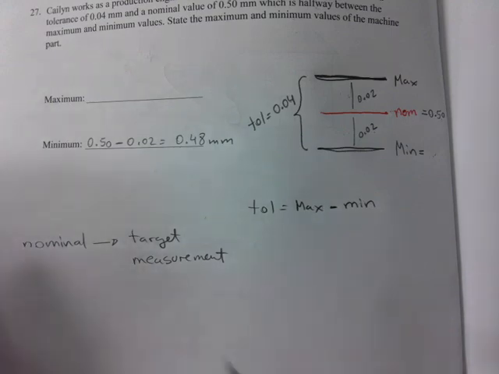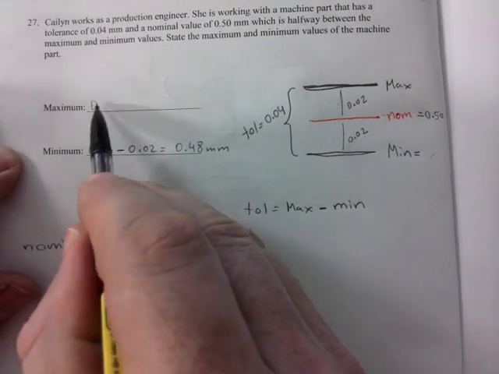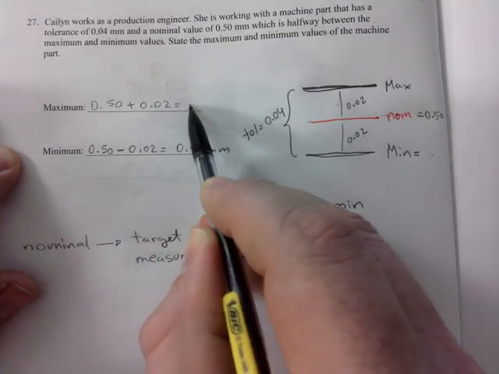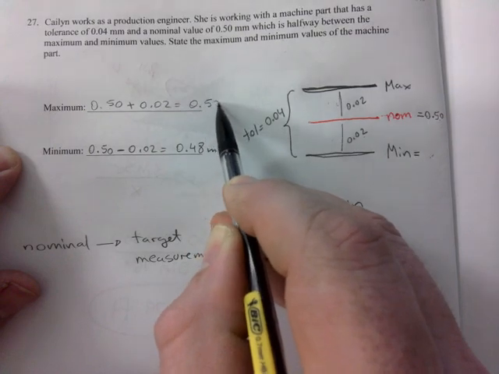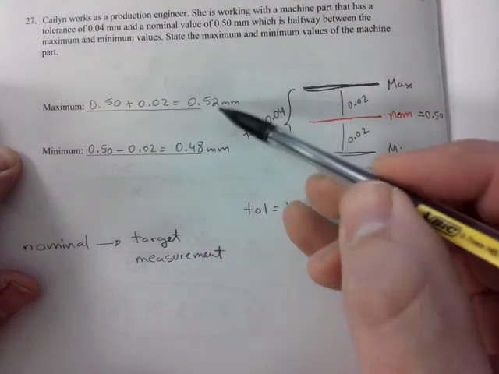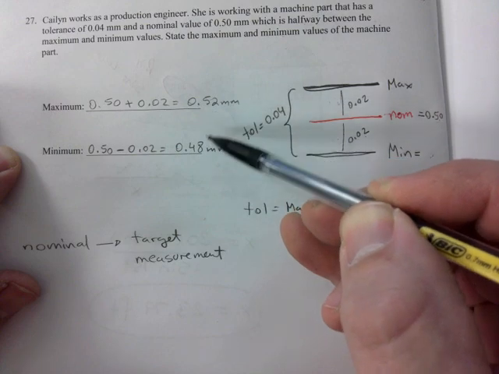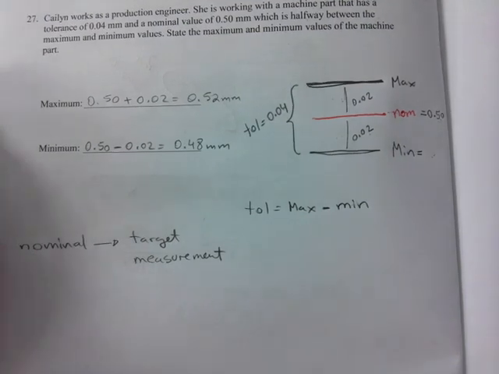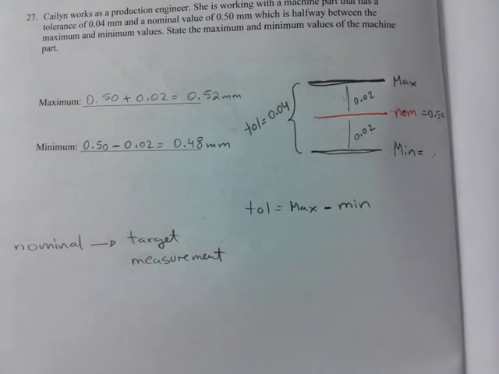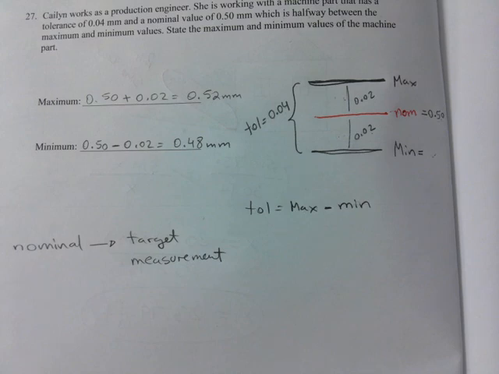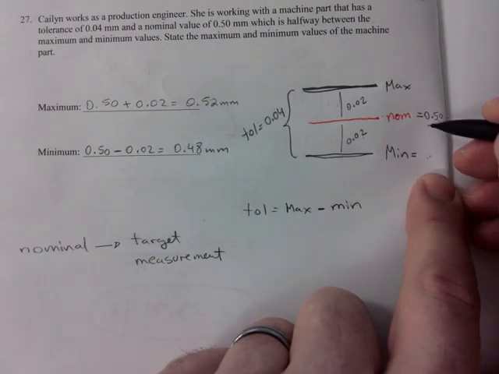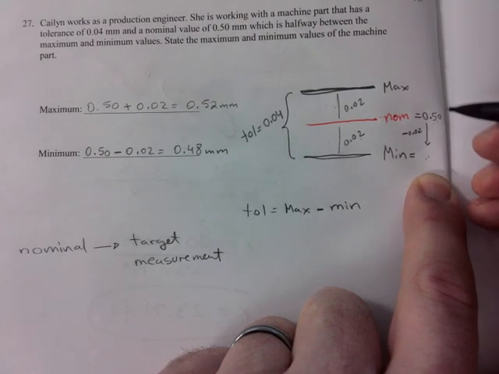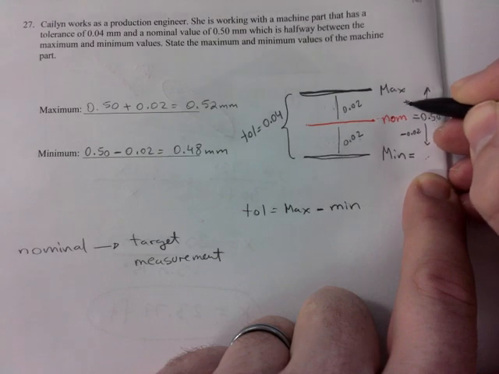And then 0.5, which is the target, plus 0.02, that'd be 0.52 millimeters. And look, do the math. It is 0.04 millimeters between the two. If you subtract max and min, you would get 0.04 back. It's minus 0.02, and to get to the top, it's plus 0.02.